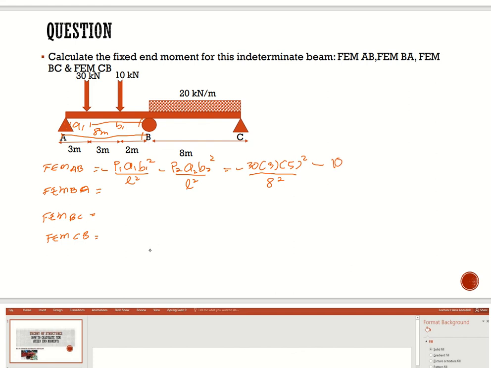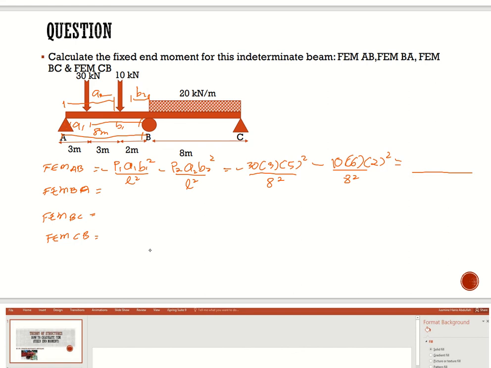And then A2 is 6 meter. And the B2 is 2 meter square divided by length square. So we have to total this, and then we get the answer for FEM AB.